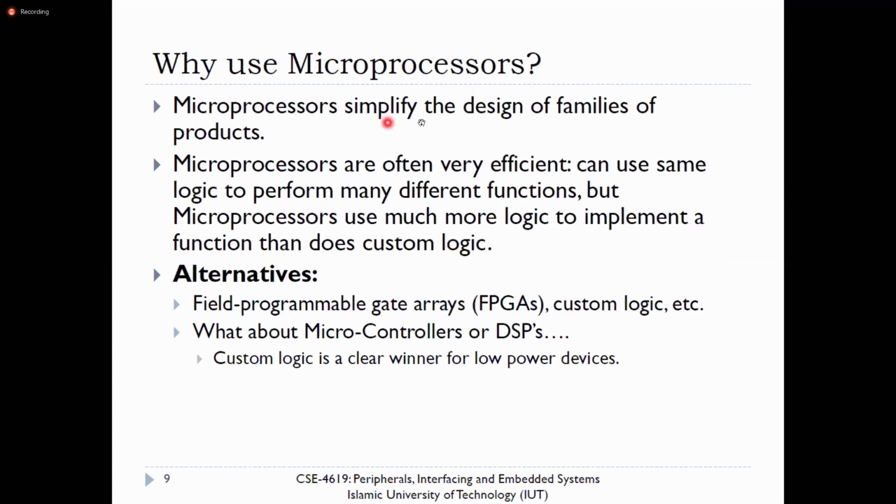Because microprocessors can simplify the design of families of products, and they are very often used efficiently. We already have some platforms made for microprocessors, so that is why it is easier, and you can consider the alternative solution of the microprocessor for target-oriented tasks is the microcontroller. And for the pins or the circuit design, we have some advanced technologies like FPGAs and some custom logics.